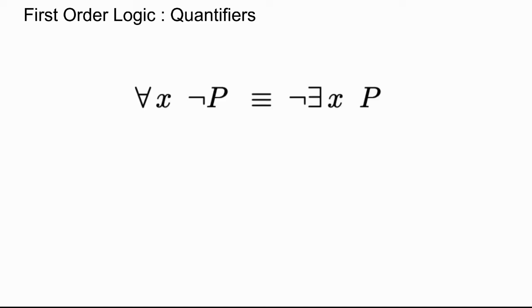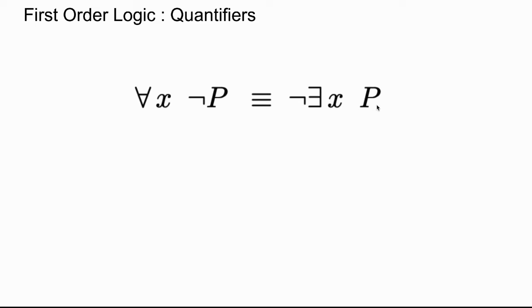Okay, so now let's look at how you deal with these operators, and how you simplify things when you have more complex settings. So you have, let's say, the for all universal quantifier, and your statement is for all x, not p is true, which means for all values of x p is false, and that is equivalent to not there exists x such that p.